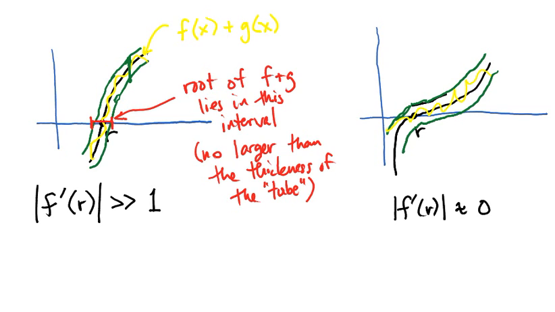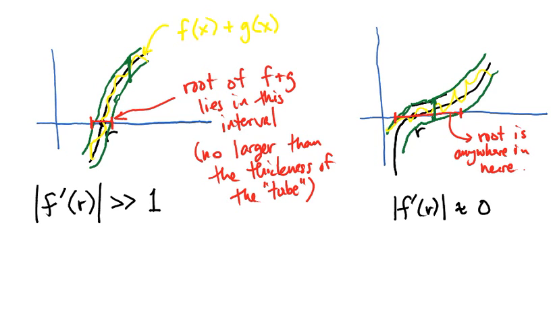I haven't drawn it perfectly, but you'll see it doesn't really matter that much. So now what we can say is that the root of the perturbed function lies anywhere in this interval. And you can just see from the geometry of the thing that f prime is what relates the width of that interval to the thickness of the tube.